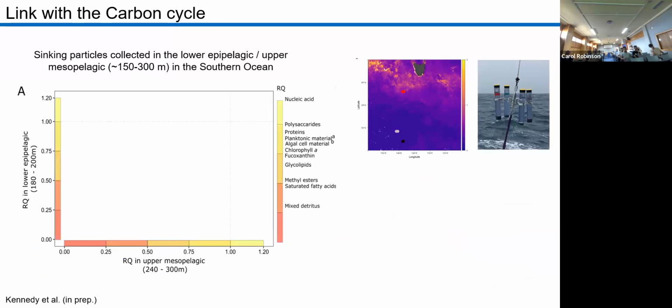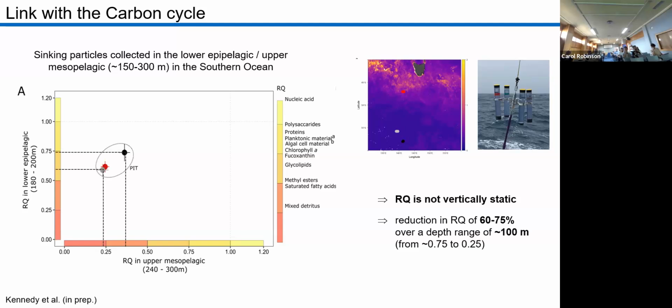And to illustrate that, I just want to show you a recent study trying to constrain the RQ, but for mesopelagic particles. This study takes place in the subantarctic and south of the polar front. We deployed some sediment traps in the upper mesopelagic, between 150 and 300 meter depth, collecting particles without preservative, and we used these sinking particles to do some in vitro incubations to measure the RQ.